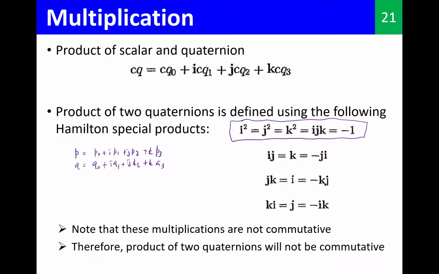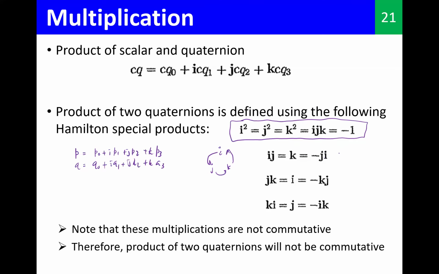That's how he defined it, and it seems to work. There is some cyclic way of achieving these. So i times j, we get k, and I think you have also learned this when you do the cross products also, right?